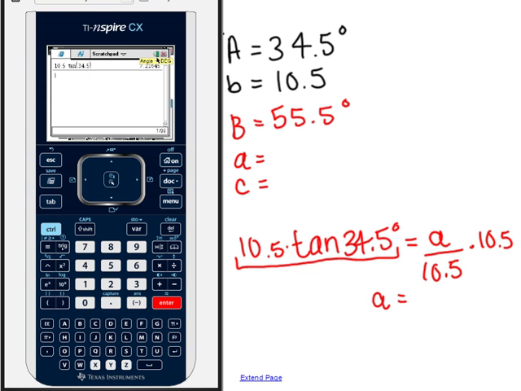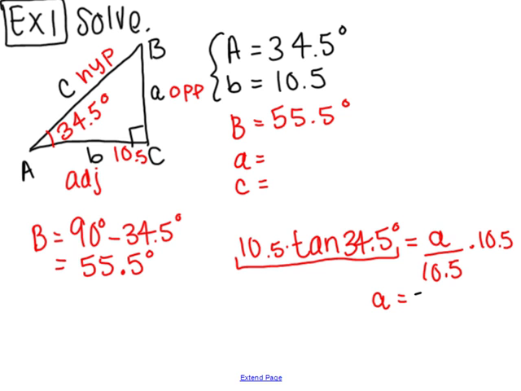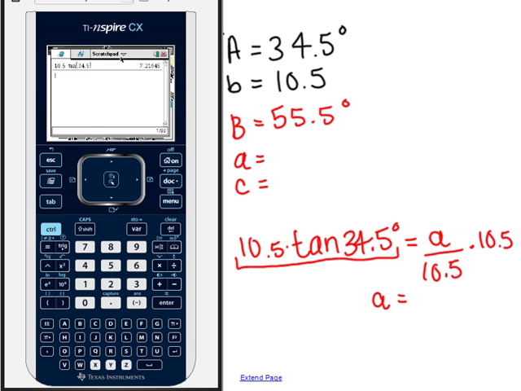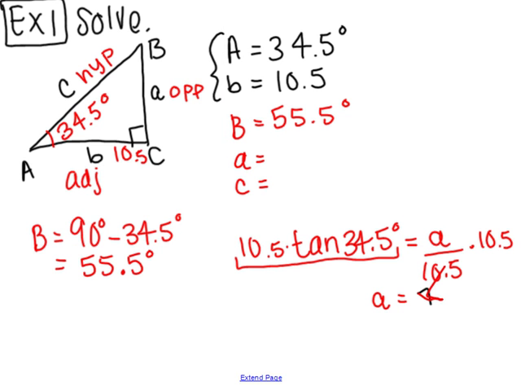Enter and we get our answer for a. a is 7.216. Since I only have one decimal place in these, I'm also going to only do one decimal place here. So the value for a is 7.2.